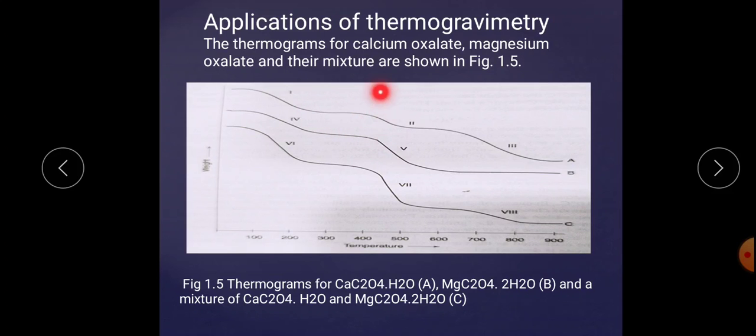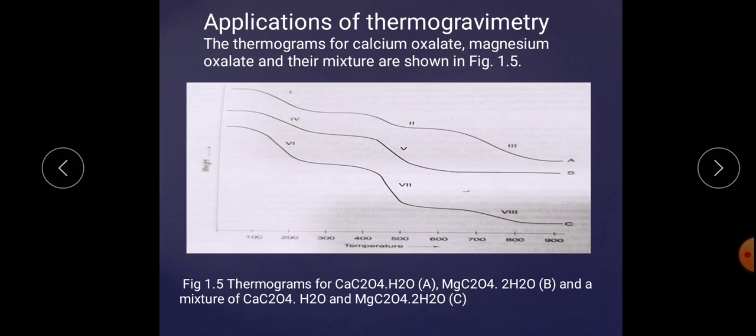From 400 to 500 degrees Celsius, the calcium oxalate, which is in anhydrous condition here, loses carbon monoxide in the gaseous phase, and this is the weight loss because of the loss of CO in gaseous phase.